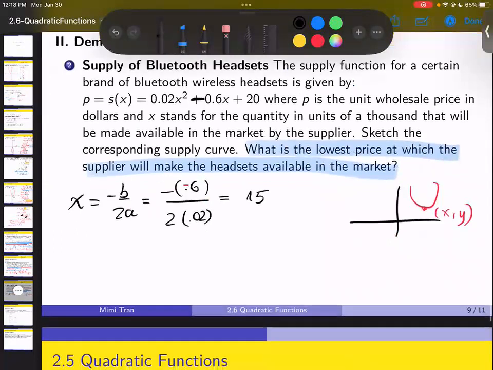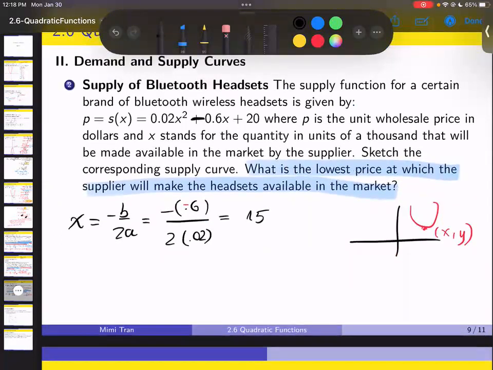And then your quantity, it doesn't matter. I don't need X, but I'm solving for Y. So P or Y here is going to be 0.02 times X squared minus 0.6 times X plus 20. X is 15, so 0.02 times 15 squared minus 0.6 times 15 plus 20.